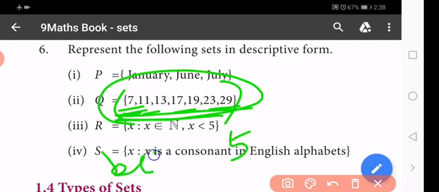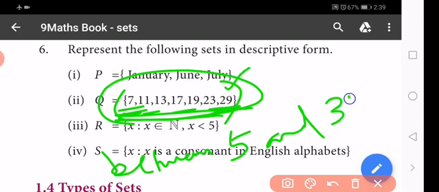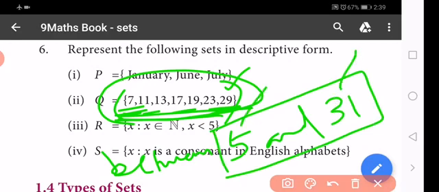So we use the word between. 5 and 29 is a prime number last, and after 29 which one is prime? 31. So using the word between means 5 and 31 are not elements. So we write the set of all prime numbers between 5 and 31.